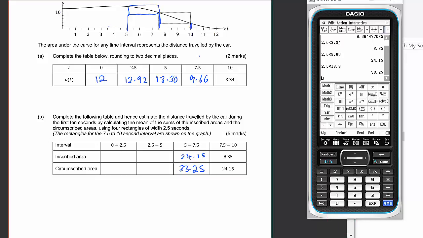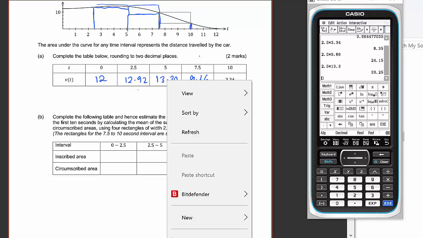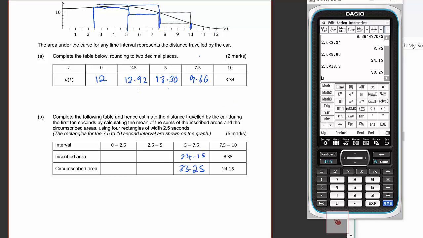Now the shape might make a difference here, so let's just look at what this is like at 2.5. At 2.5 the height is this, at 5 the height is this. So it looks like for this one they change over. And so the value at 2.5 would be the inscribed.